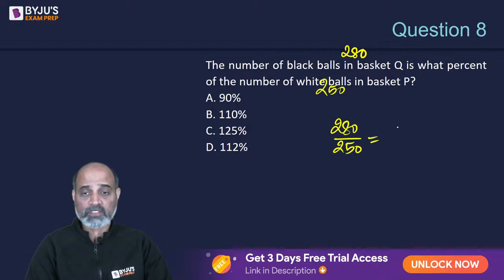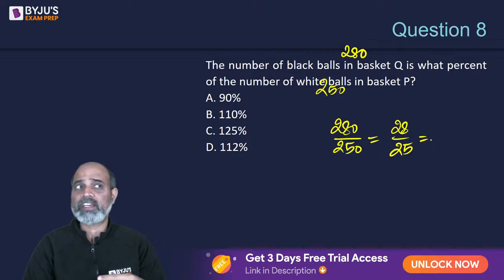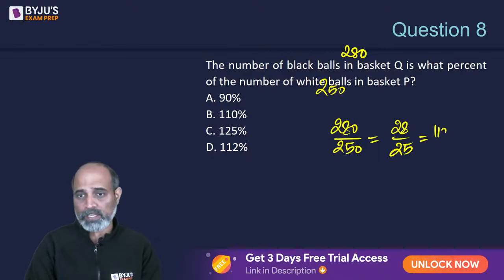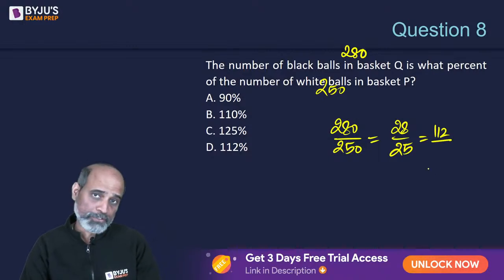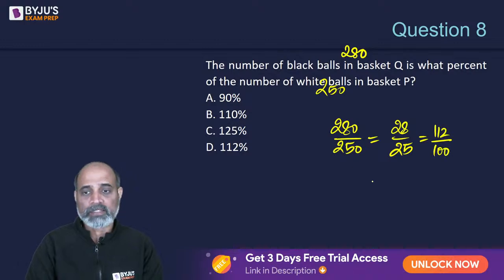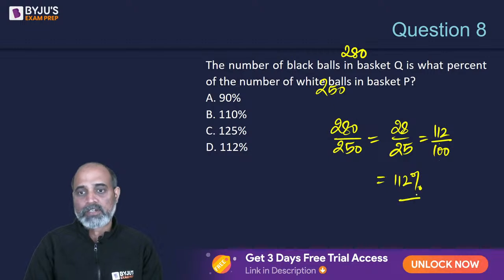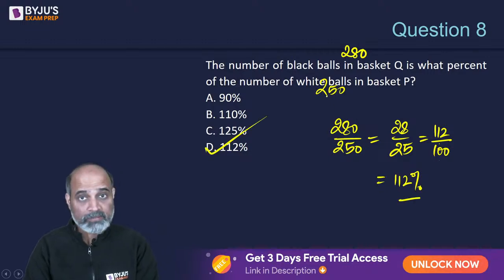In other words, if I get rid of 0, I will have 28 by 25, which I can write as 28 into 4, which is 28 into double 56, 56 into double 112, and 25 into 4, which is going to be 100. This is literally 112%. So option D.